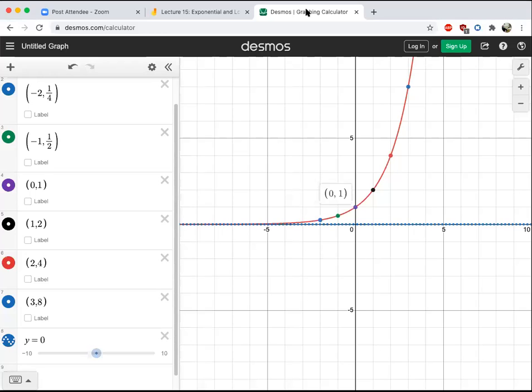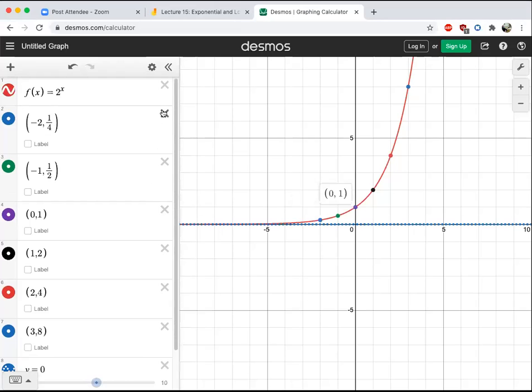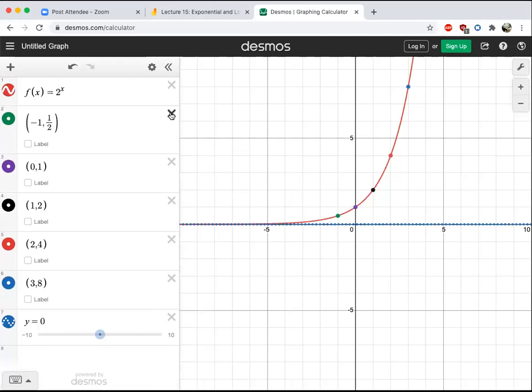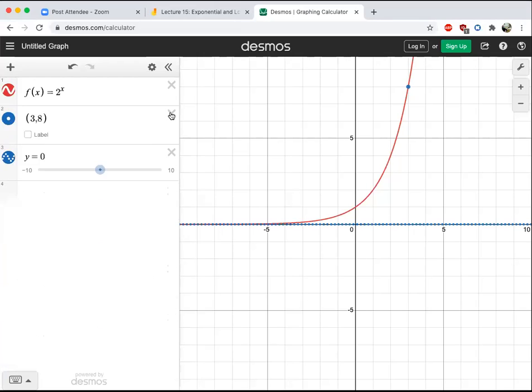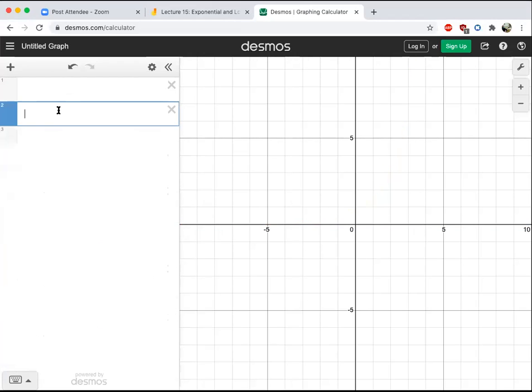There we are. Okay, so now you can see our previous function, 2 to the x power. We're gonna get rid of all this stuff, and we're gonna graph the log function now. I'm gonna start on number 2 because number 1 is gonna be my actual function.